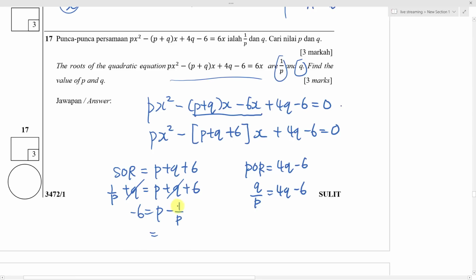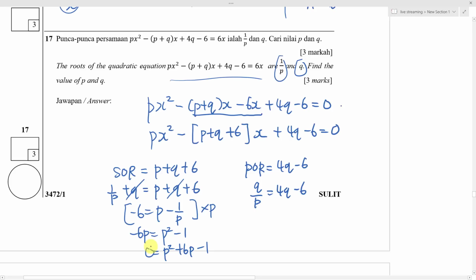Oh, this is a quadratic equation again. So multiply p for the whole equation. This is p squared minus 1 equals negative 6p. Then I rearrange: p squared plus 6p minus 1 equals 0.